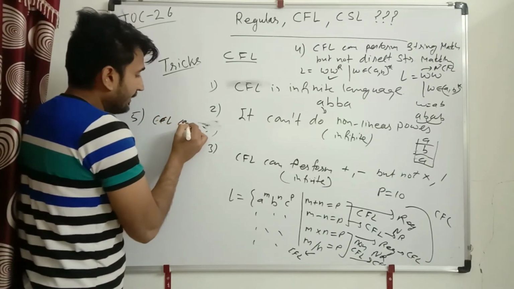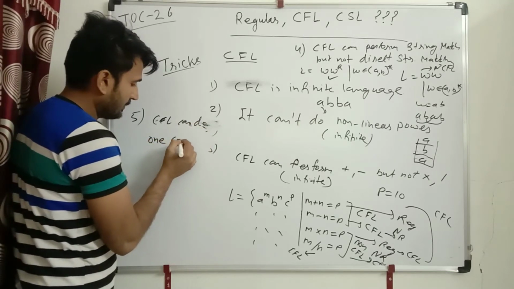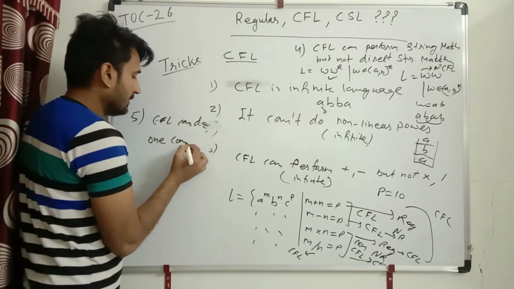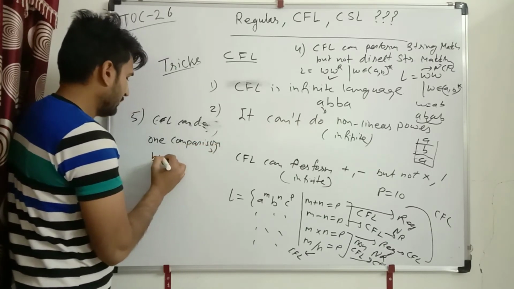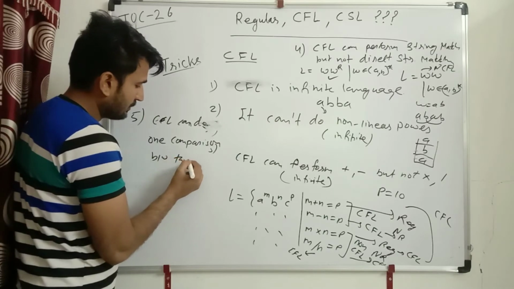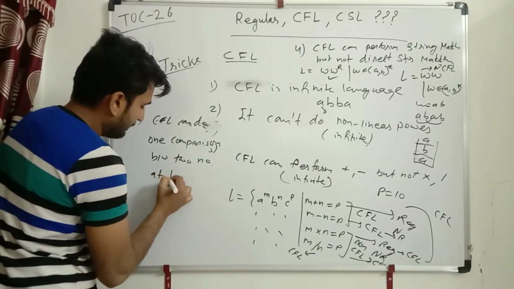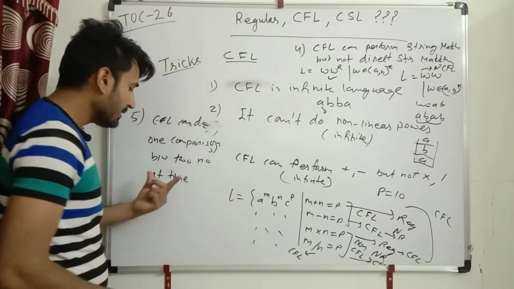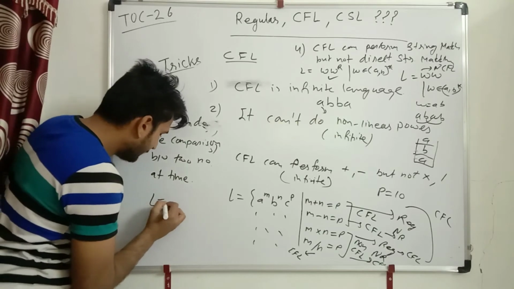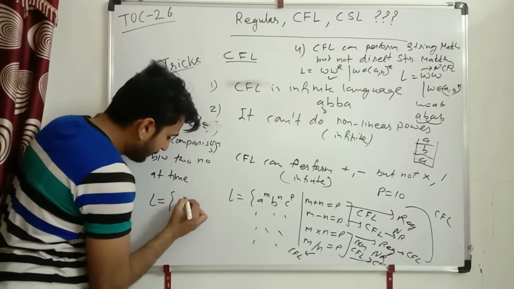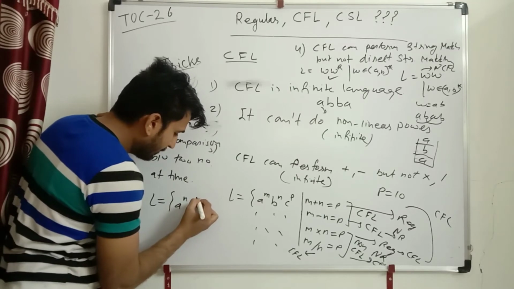CFL can do one comparison between two numbers at a time. What is the meaning of at a time? For example, I take an example: a power m, b power n.